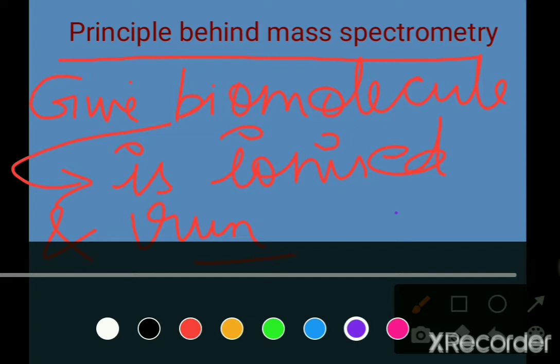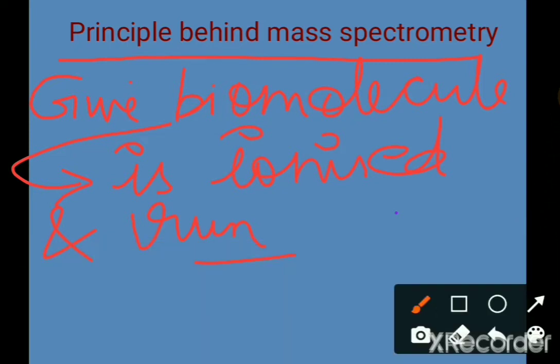So by mass by charge ratio, they are separated out. The molecular ions formed are separated out.